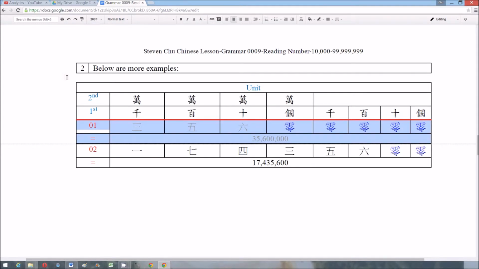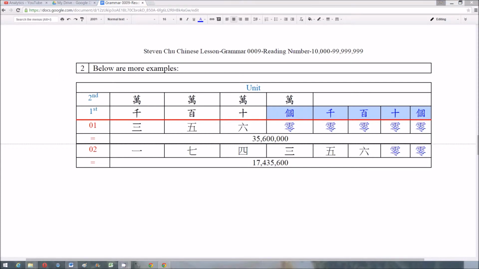And the second example is 35,600,000. We don't have to read the zeros because there's no number following them, and we also don't have to read the units which the zeros belong to.